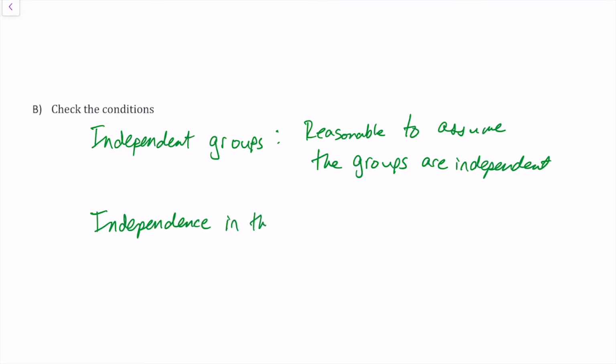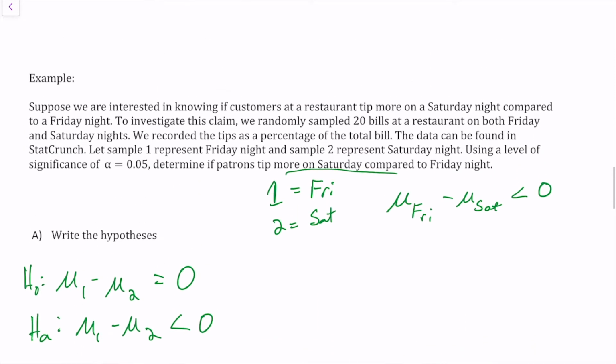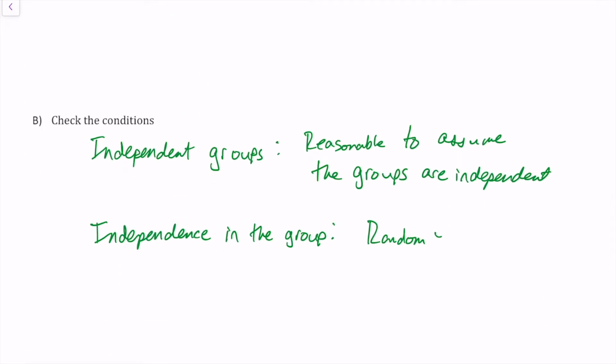In each of the groups, is there independence amongst all the Saturday tips and independence amongst all the Friday tips? Well, to do that, let's check for our random condition. Did we sample these values randomly? We certainly did. So we have randomness. We randomly sampled on both days. Also, we need less than 10% sampled.